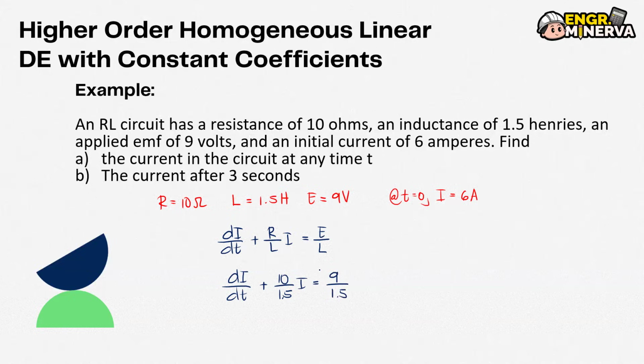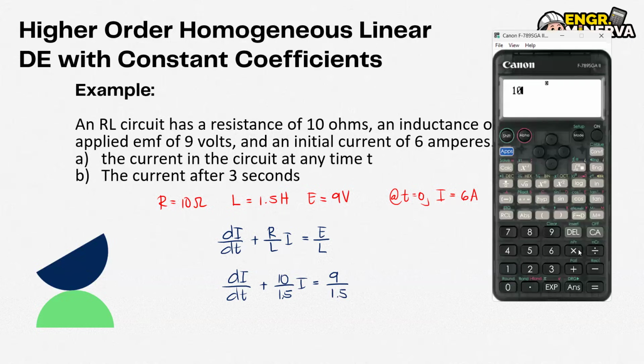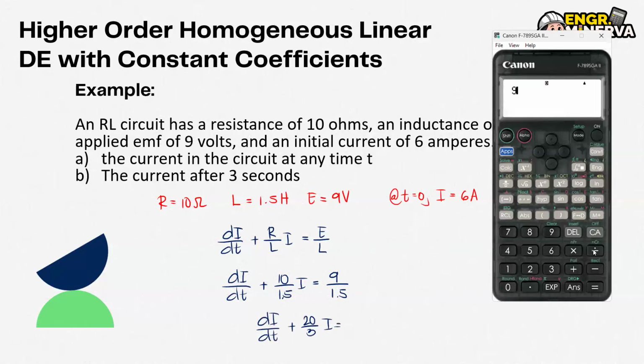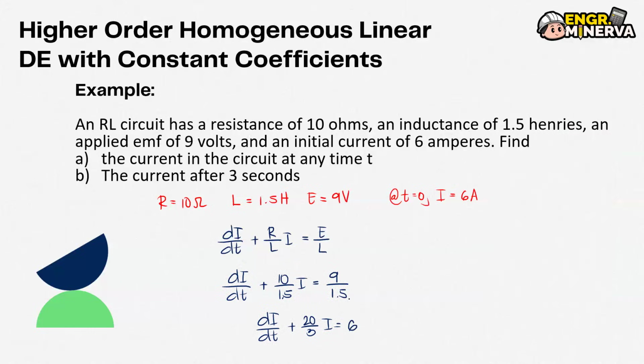What would be your 10 over 1.5? That would be 20 over 3, so 20 over 3 i. And what would be your 9 over 1.5? That would be 6. So this is a linear equation in i.